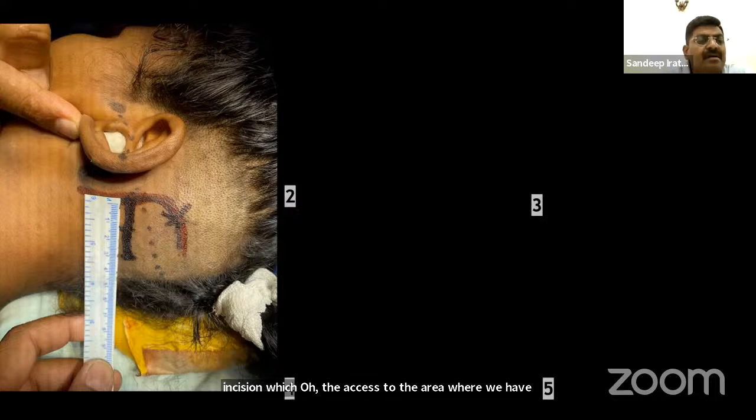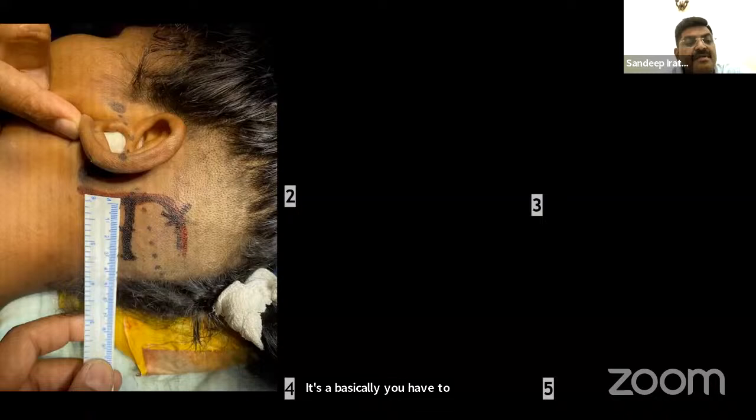Basically you have to expose the retrosigmoid and transverse-sigmoid junction, and this can be targeted by the line which I follow, the orbitomeatal line.